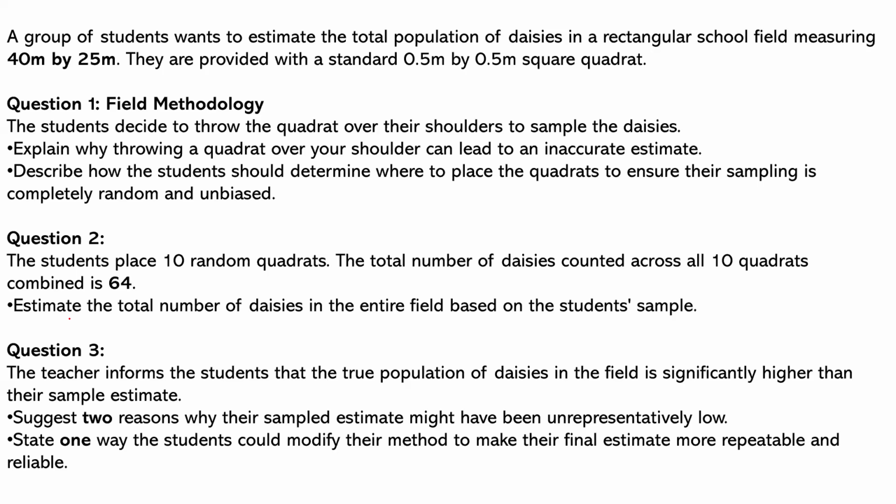Now I'm going to think about the size of my field. I've got 40 meters by 25 meters, so the area of that field is 1,000 meters squared, because all I've done is 40 multiplied by 25. Now, the bit that everybody gets wrong is the fact that the quadrat is 0.5 by 0.5 meters.